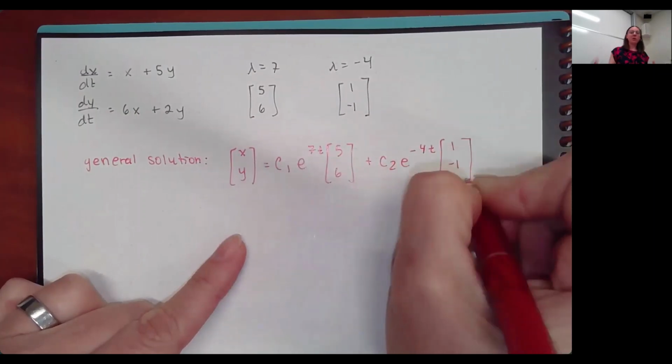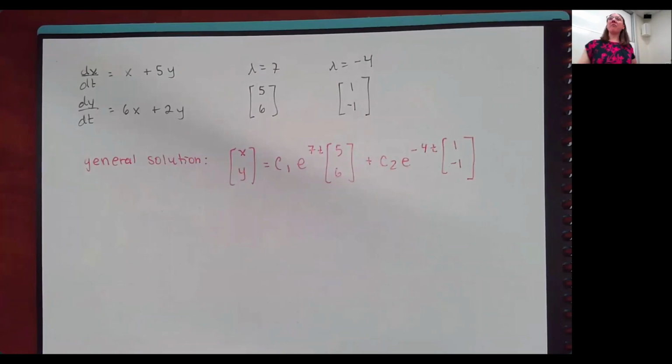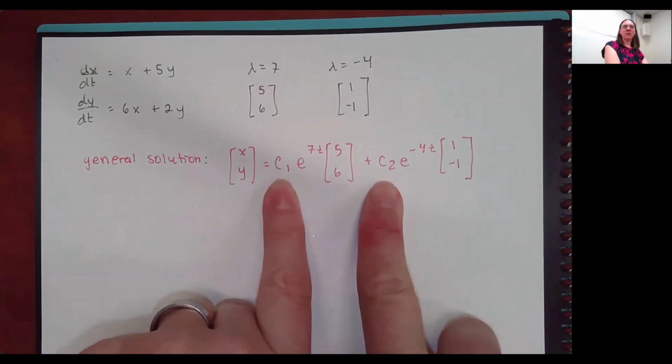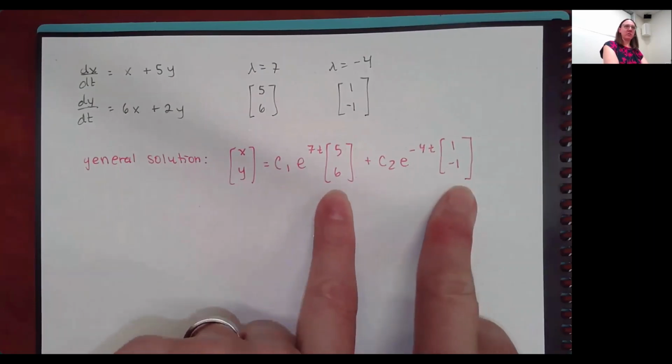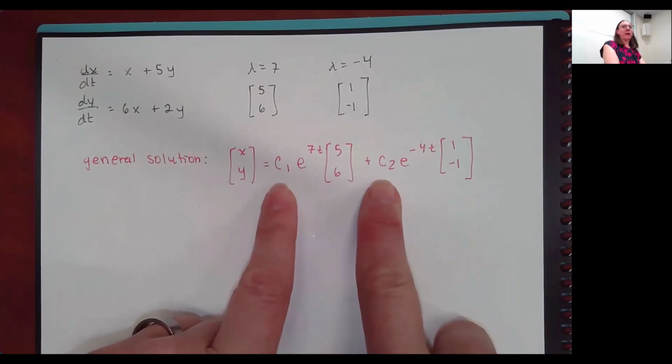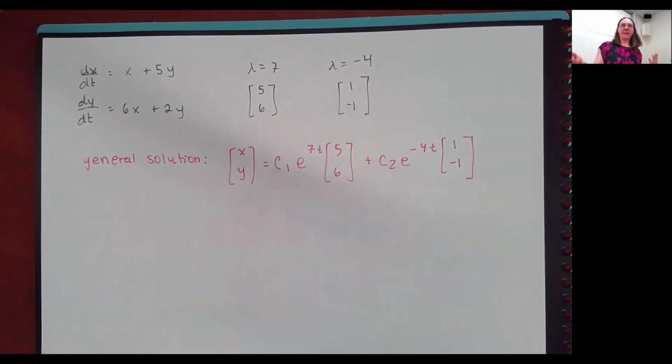By the way, the reason that the eigenvector that you choose doesn't matter is because in terms of finding the solution, it's just going to change what your C1 and C2 are. If you choose different eigenvectors, you'll have a different C1 and C2, but when you multiply them all together, you'll have the same answer. Okay, so I want to explore some really particular initial conditions.